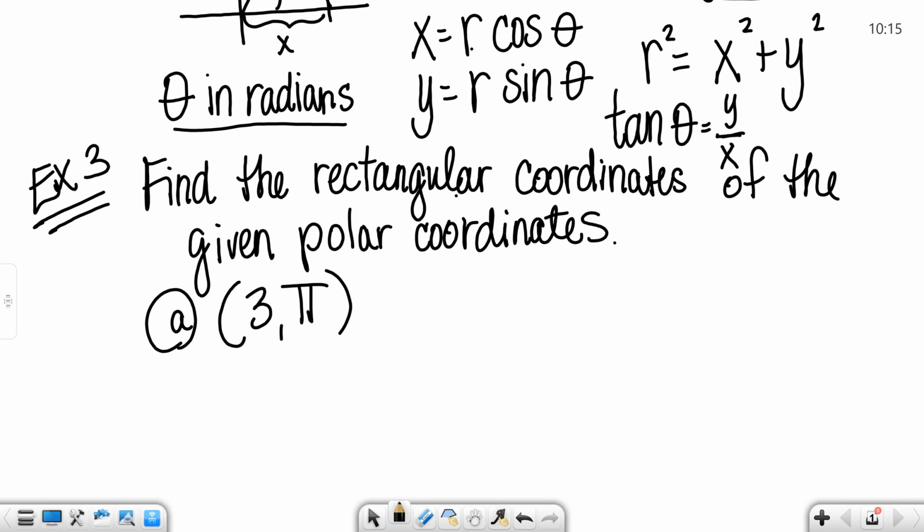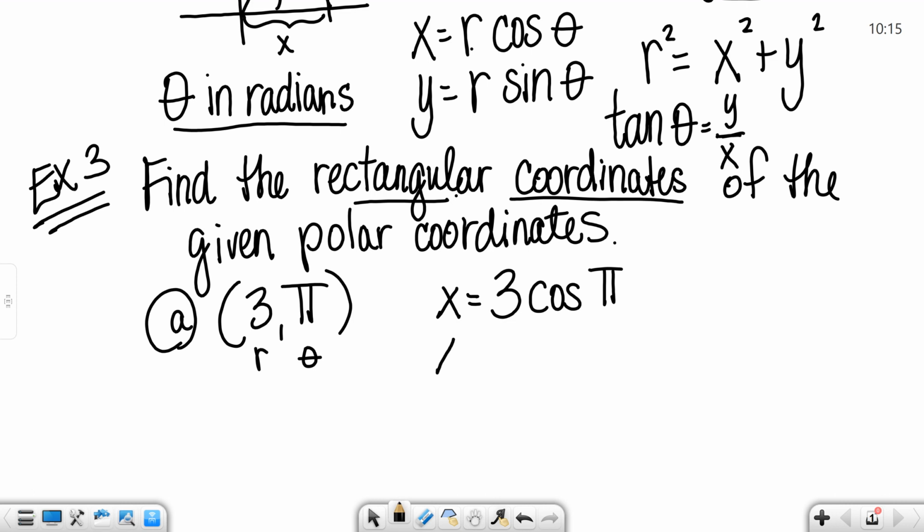Because it told us that these were given, that is our polar coordinates r and theta. What we're trying to do is figure out what are x and y. What are the rectangular coordinates? So now we're going to use what I have written right above, where we find x by saying I've got to know whatever r is and multiply it by the cosine of, in this case, our theta is pi. We also know from this ordered pair that our r value is 3.